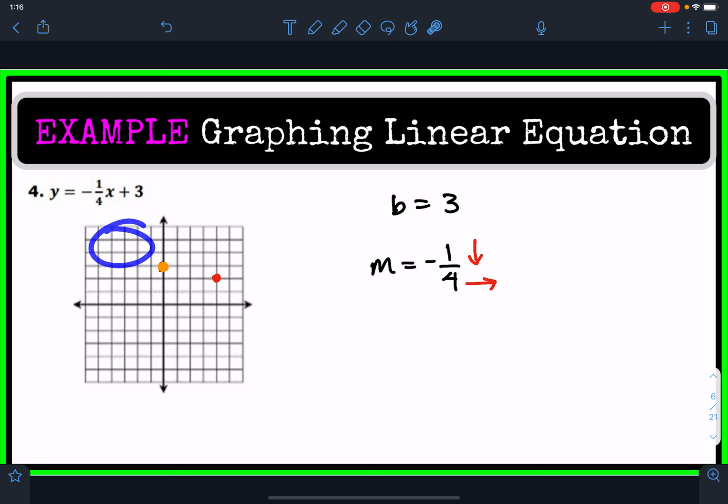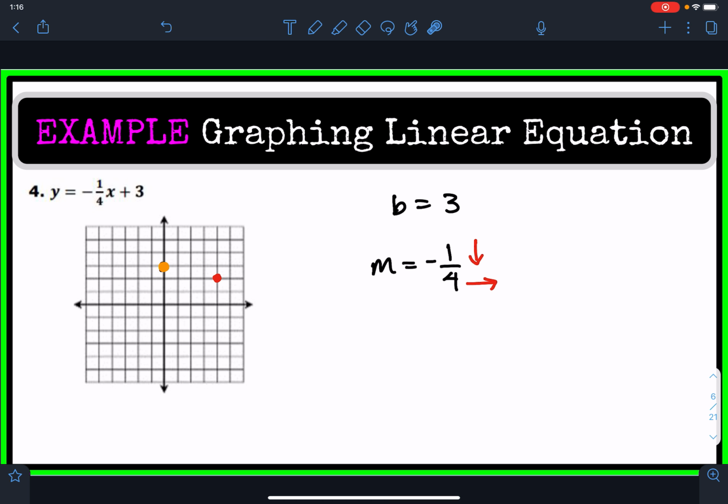I'm going to find a point that's on the left of this y-intercept. So when I go down 1 and over 4, I land on that orange space. So retracing my steps, going up 1, and then 1, 2, 3, 4 to the left gives me a point right there. So with those 3 points, I can connect them and draw my line.